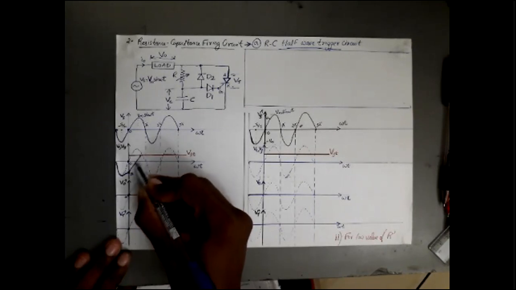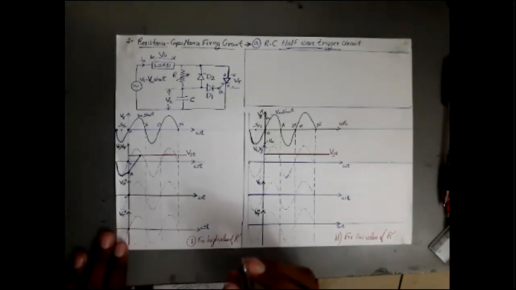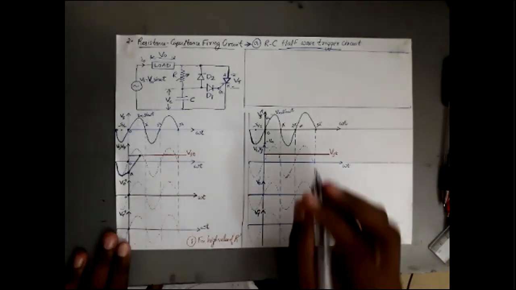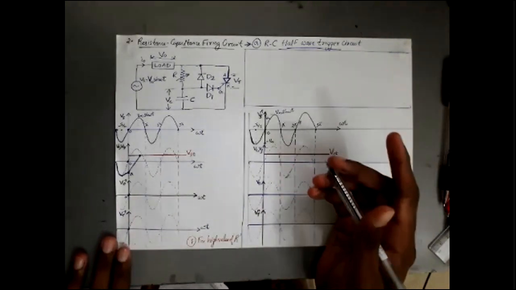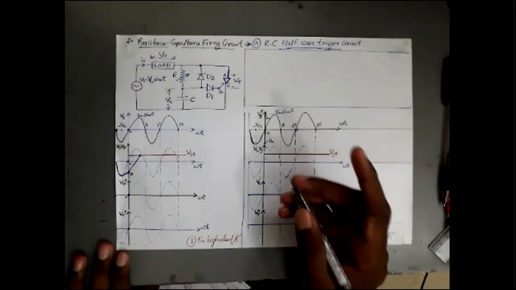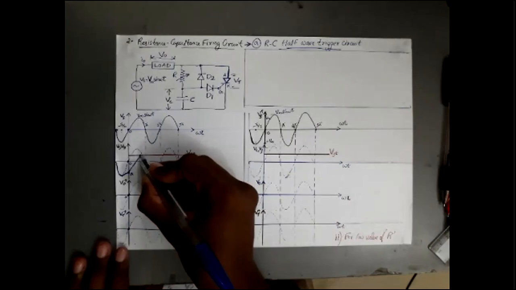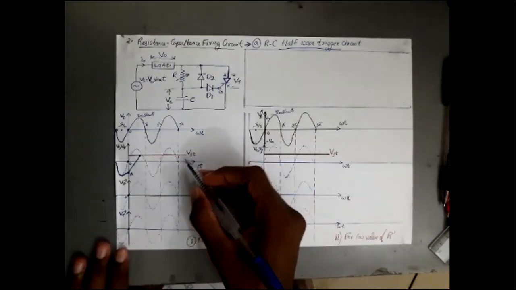At this point, my capacitor voltage has become equal to the minimum gate voltage required to trigger my thyristor. So my Vc has become equal to Vgt.